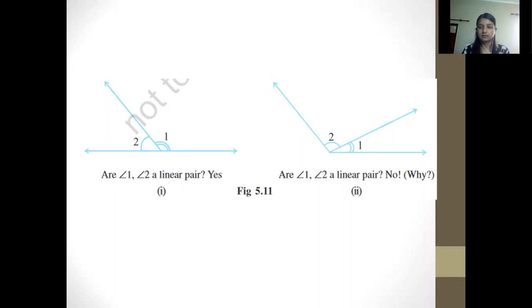Yes or no? I'm giving you a few seconds. They have drawn a figure showing the angles formed. Are angle 2 and angle 1 making a linear pair or not?